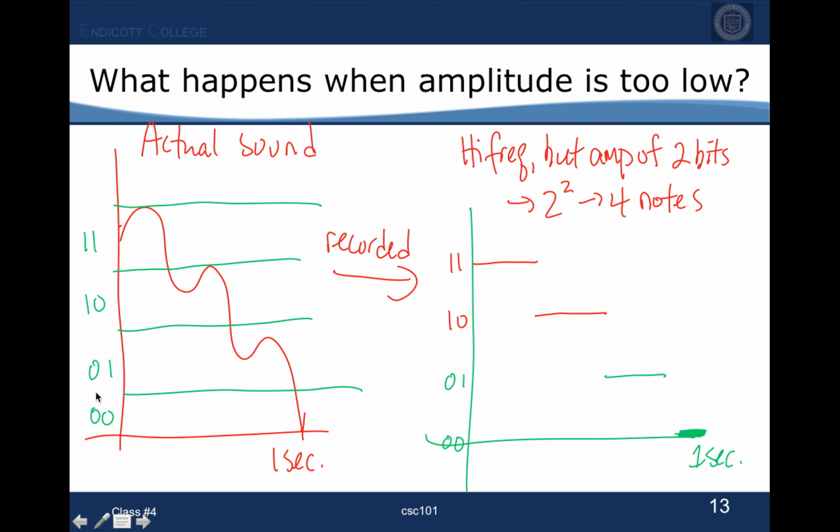That's 0, 1, 2, 3 in binary. Then even if I'm recording 1,000,000 times in here, every time I make a recording, I'm only allowed to use these 4 codes, which means I'm going to only have 4 different sounds in the playback.